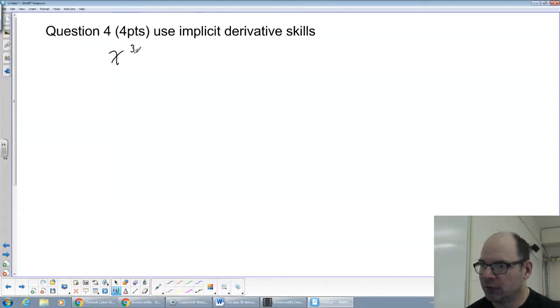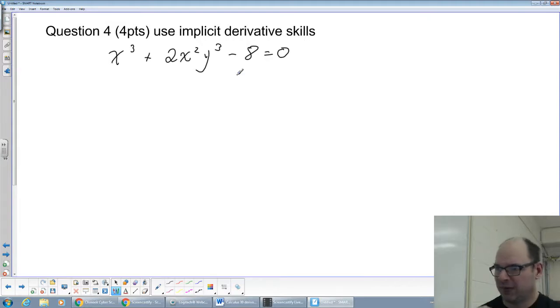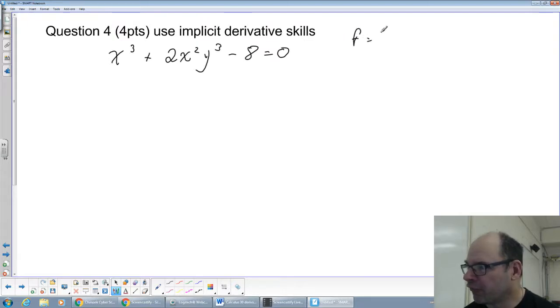x cubed plus 2x squared y cubed minus 8 equals 0. Okay, so obviously we got to do the product rule there. If you're doing the product rule, f equals 2x squared, so f prime equals 4x.